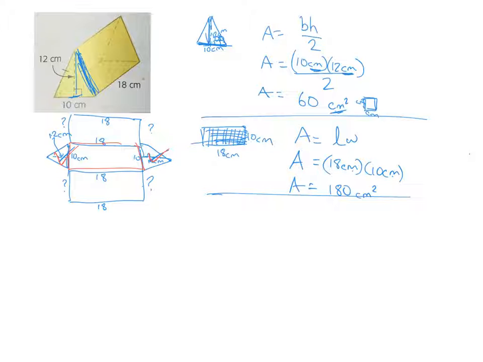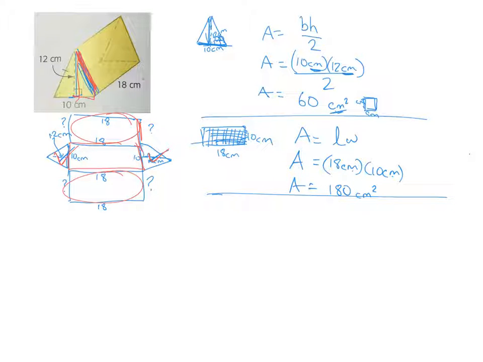Last shape. Okay. These two are the same size, but the problem is I don't know the width. So how in the world could I figure out that length there? Well, here's the cool thing. We've been studying Pythagoras. What do we have here? We have a special shape.